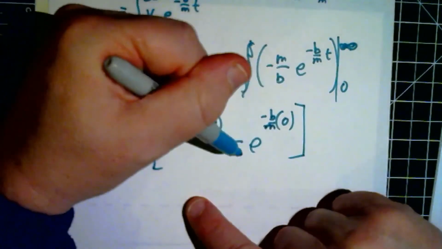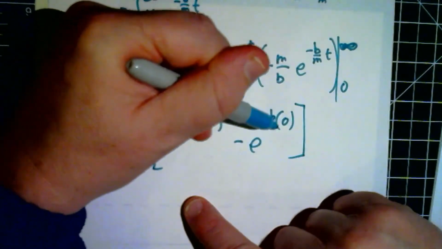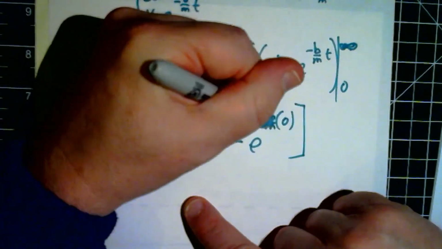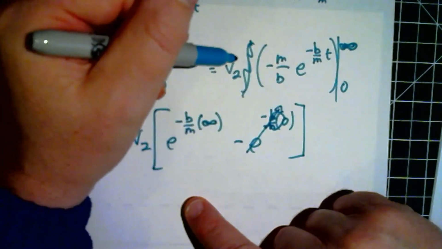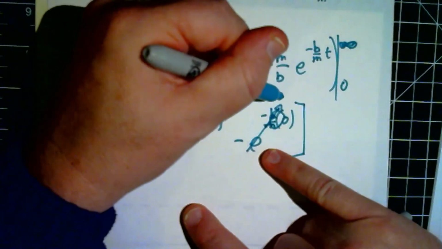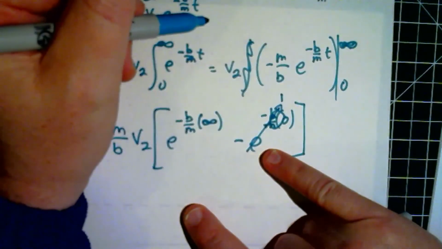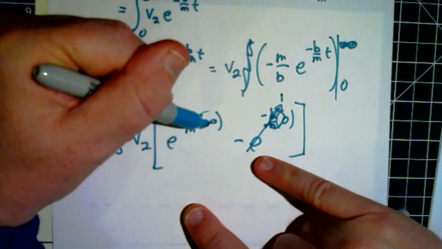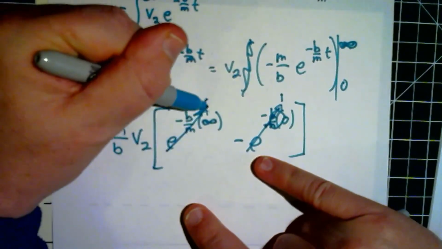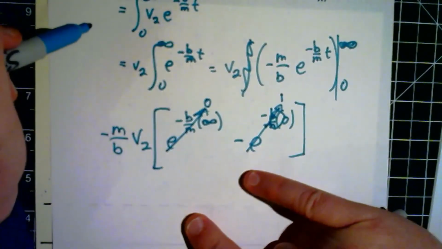Now, 0 times anything is going to be 0. So we're taking e to the minus 0 or e to the 0, and so that means that this lower limit will evaluate to 1. And when you take e to a negative, really big number, this is 0. Right?